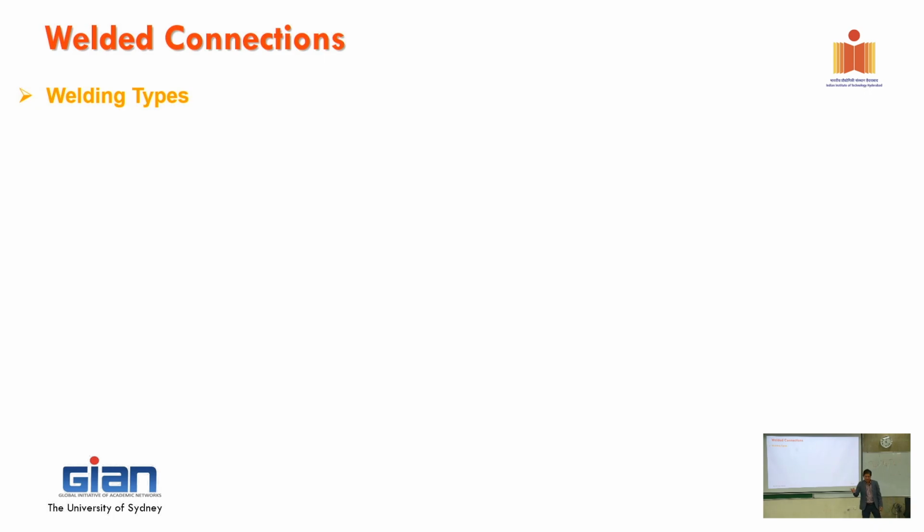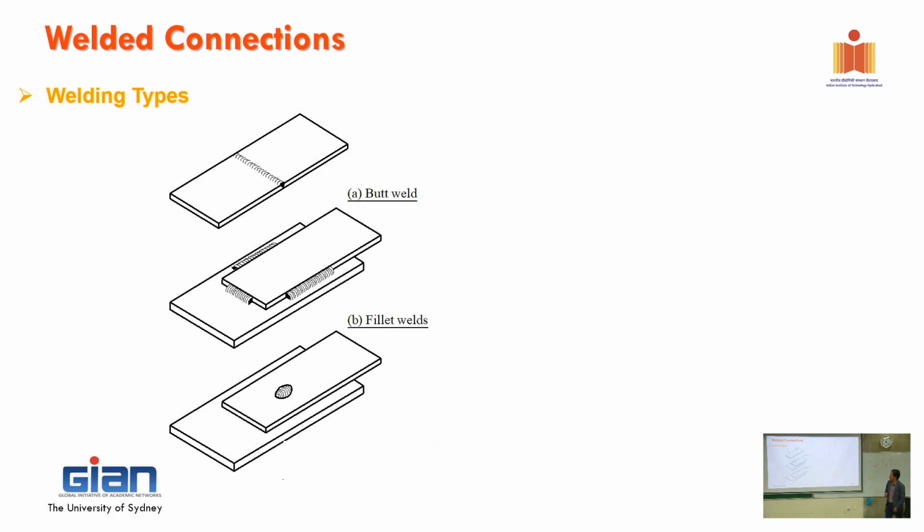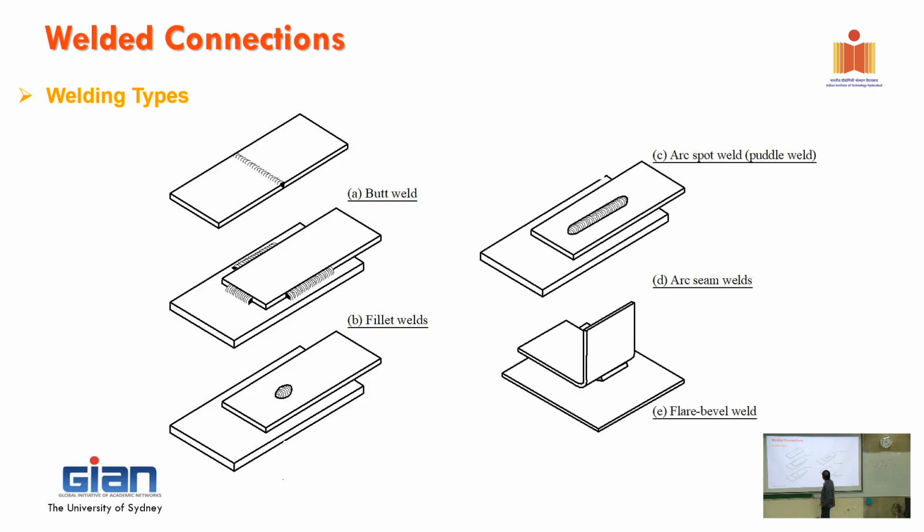Now, that's it for screws, and now it's welded connections. So this is a very basic weld connection. Probably everyone knows how to do it, right? So first is the butt weld, and this is the fillet weld, and this is what we call the spot weld. Okay.